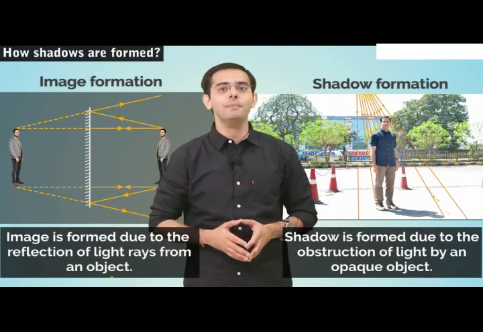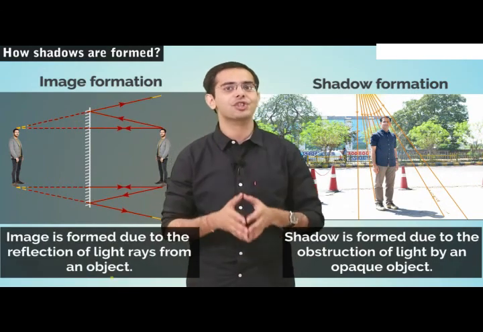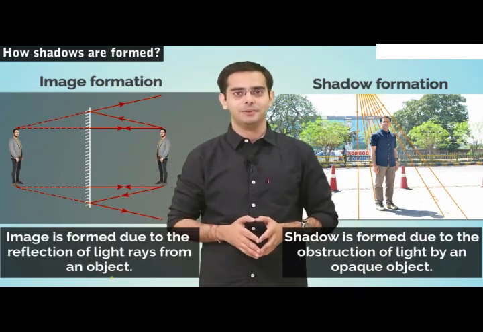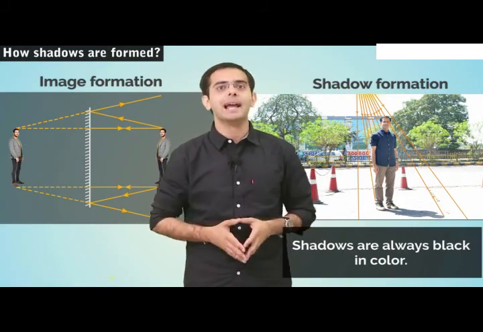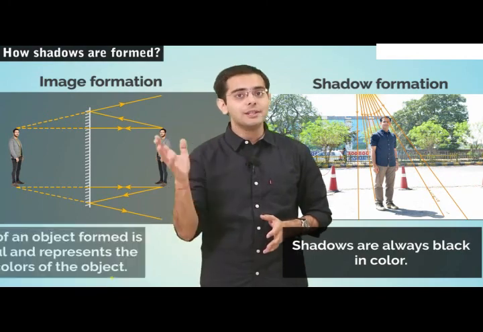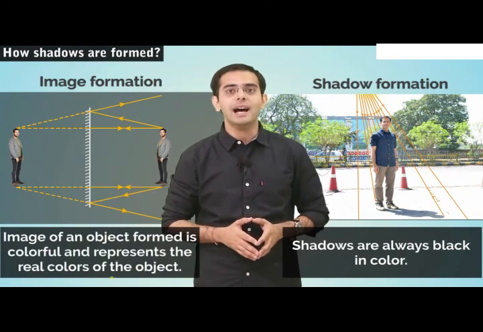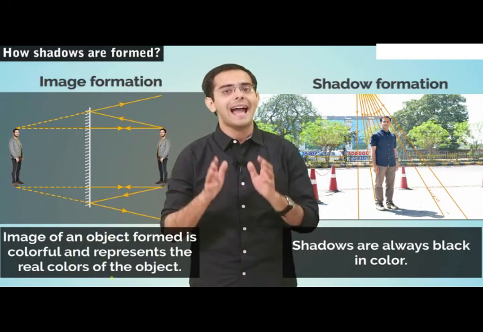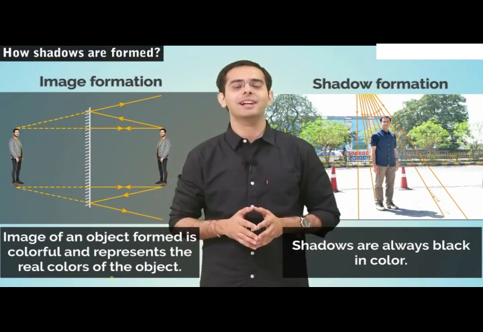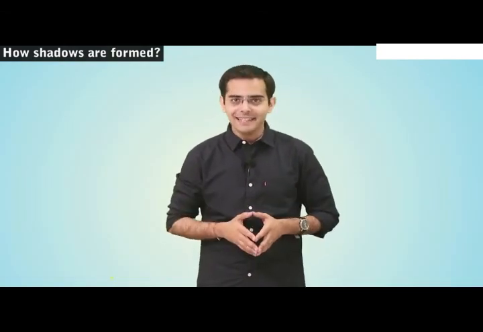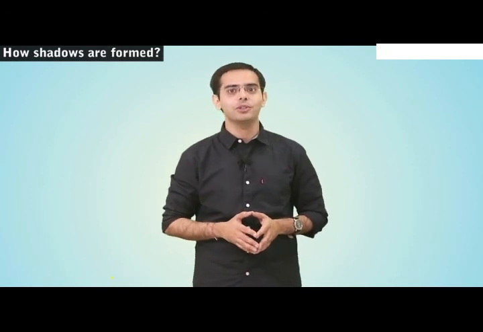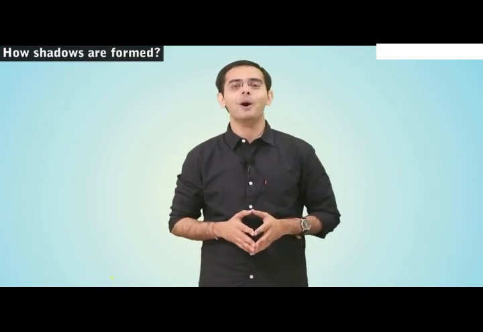An image is formed due to the reflection of light rays from the object. Secondly, shadows are always black in color, while the images formed of an object are colorful, and they actually represent the real colors of the object. So with this, I end this module, and in our next module, we will discuss more about shadows.